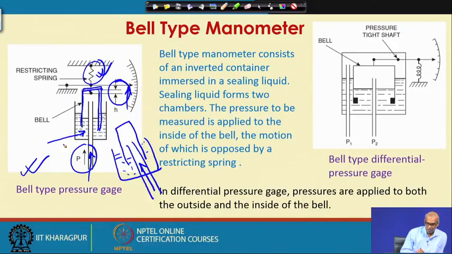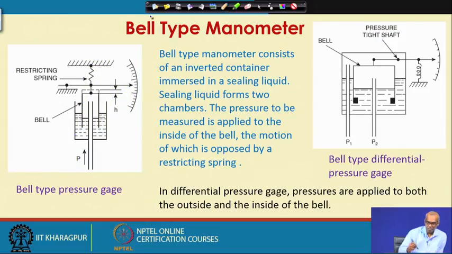Note that when you invert this bell in this reservoir, you create a chamber for application of pressures. So, inside that you apply the pressure which you are going to measure. There is application of, say, atmospheric pressure here, and these atmospheric pressures and these pressures are separated by the sealing liquid.